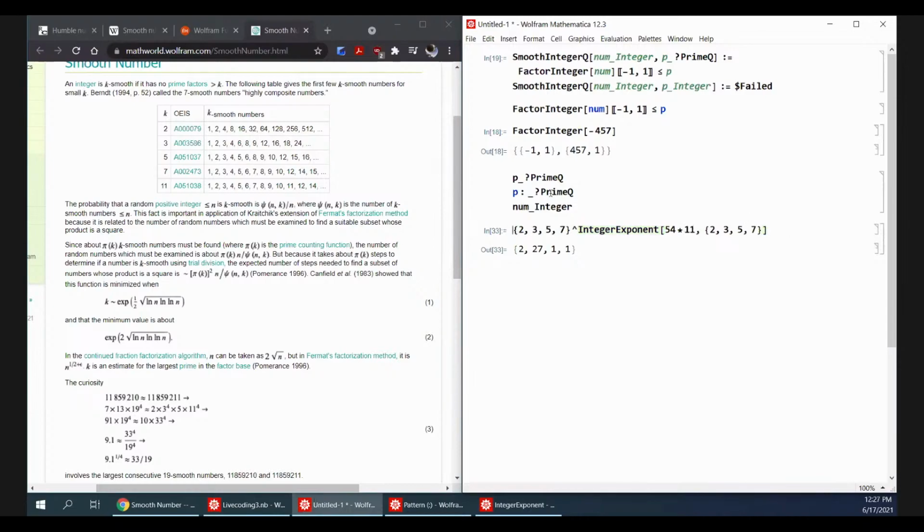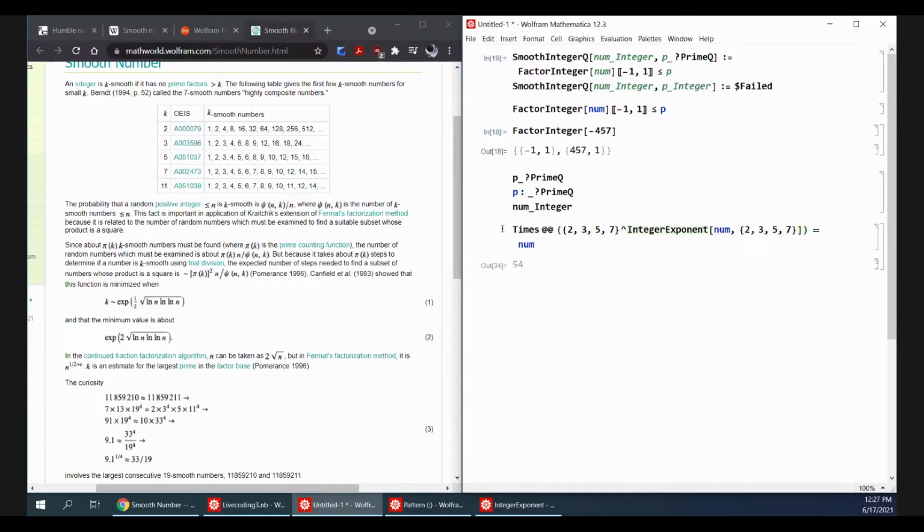Let's just actually return the 54. I'm going to multiply all of those together, and now we have 54 instead of 54 times 11. So if we were to have some number in here and then compare this to that number itself, this is another way that we could test whether it's constructed only of primes 2, 3, 5, and 7. Does that make sense to everyone?